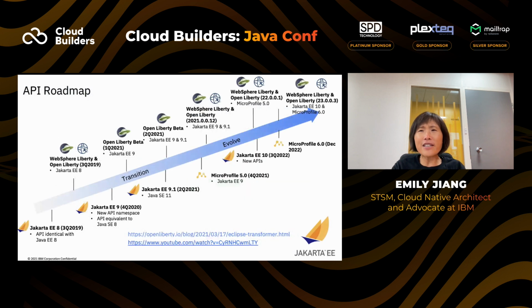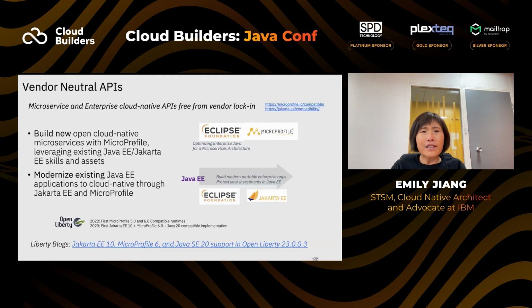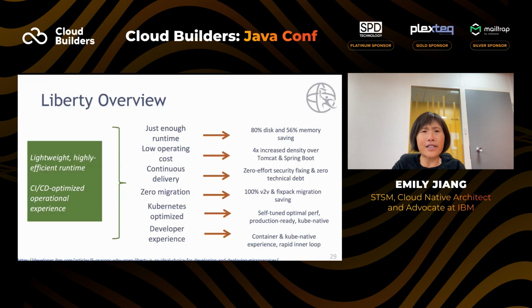As you can see, Open Liberty goes hand in hand with the standard. Since MicroProfile 4.1, Open Liberty has been used as a certified implementation for the MicroProfile releases. So Open Liberty is purely behind open source and open standards, and it promotes MicroProfile and Jakarta EE.